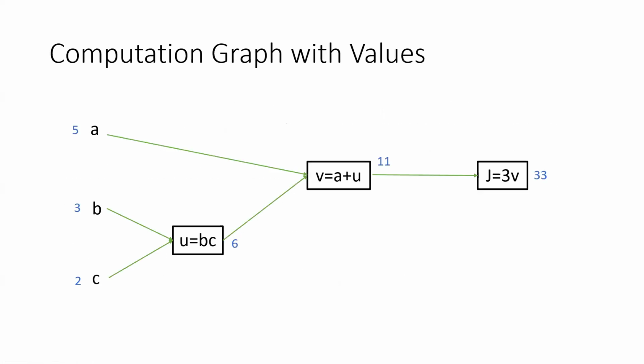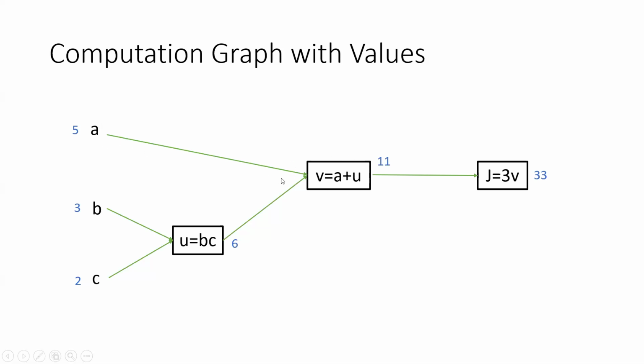in this case you can't find exactly how much J changes with respect to A. But you can find how much change J has with respect to V, because J is adjacent to V. And then you can find ∂V/∂A, which is how much this node changes with respect to this node.